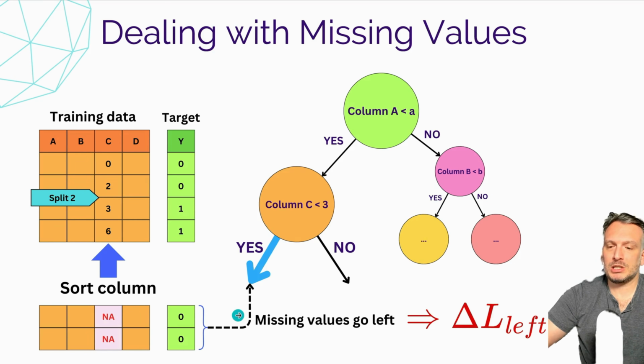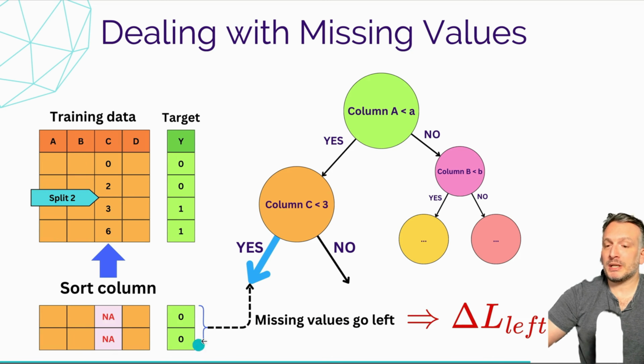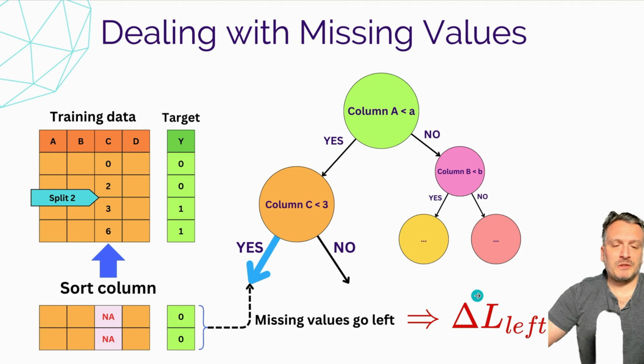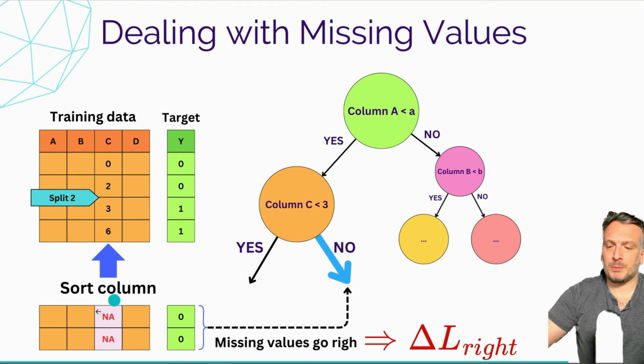First, what we do is we assume that the missing values go left. So that means that we're looking at the target of the instances that relate to the missing value, and we are putting them in the left node. And we can compute the difference between the loss function of the parents and the children by doing this. Now we can do the opposite. We can take those instances and we can put them into the right node. And again, we're going to compute a difference between the parent node and the children nodes.